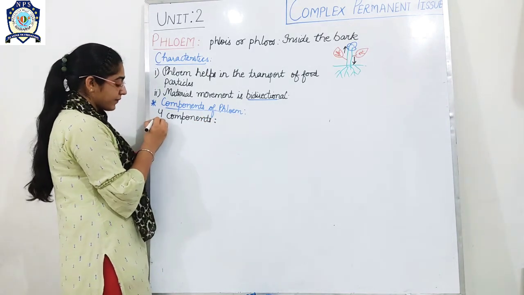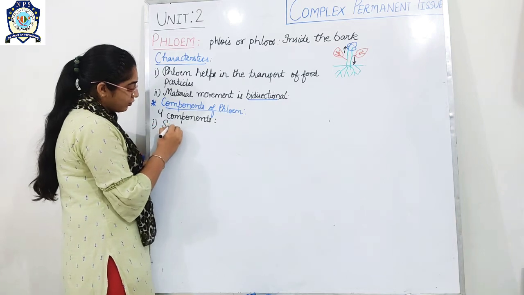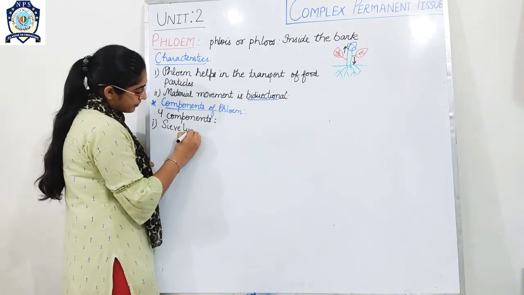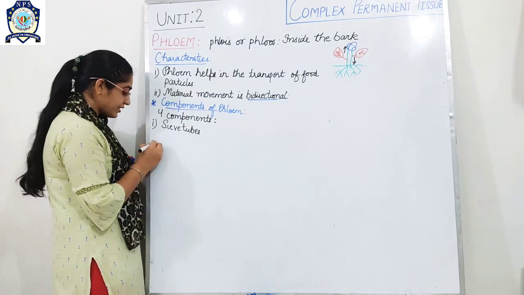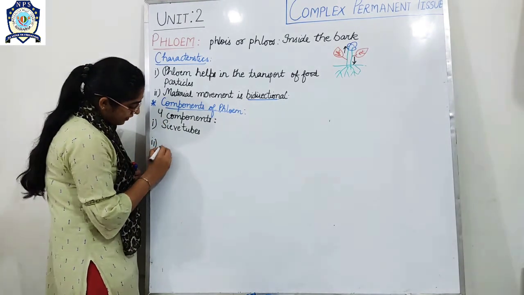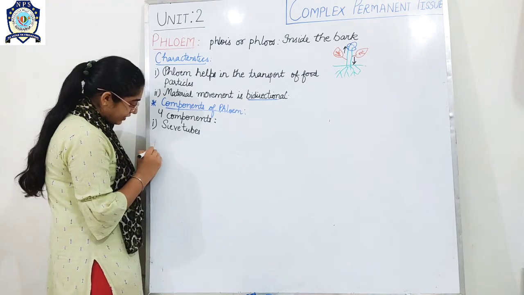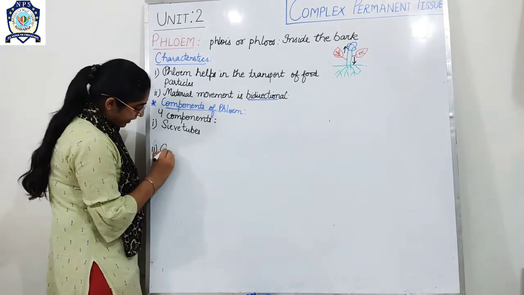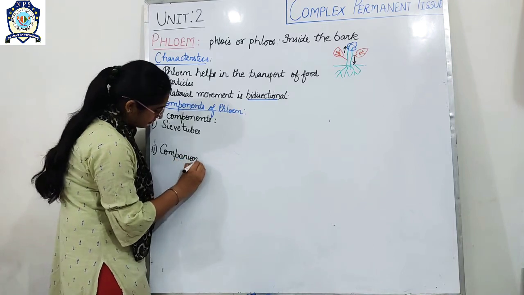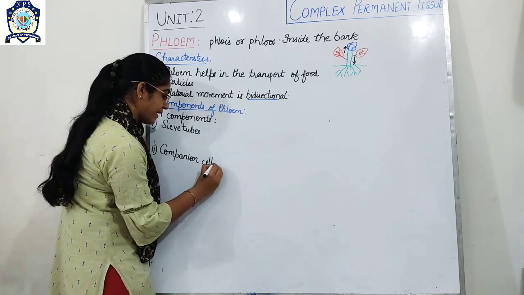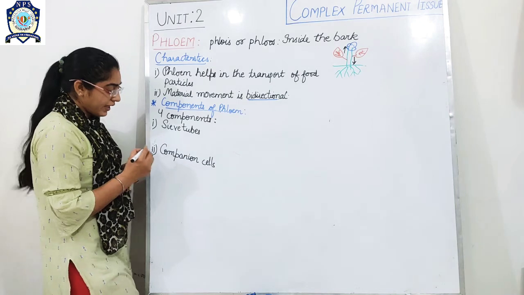First is the sieve tubes. Second one is the companion cells.